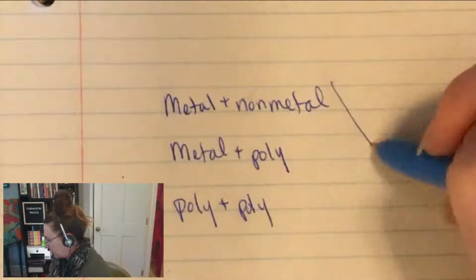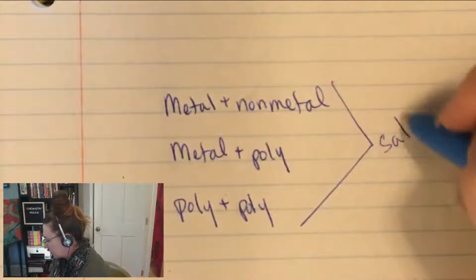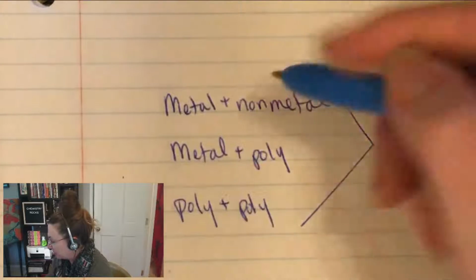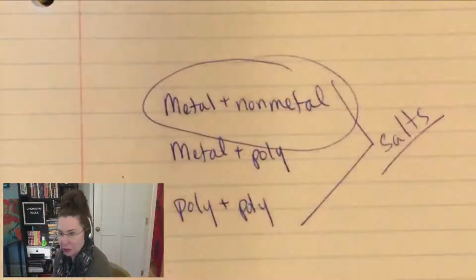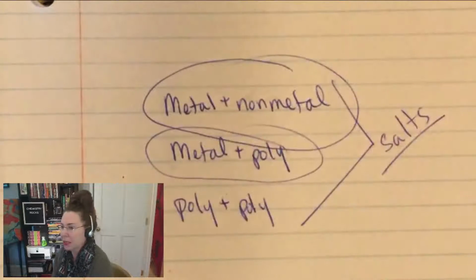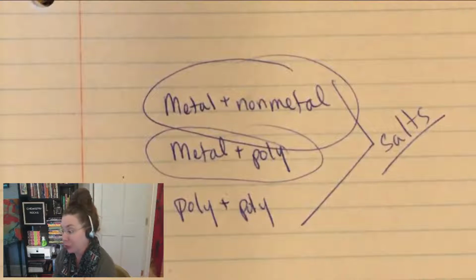All of those are going to be salts. Anything ionic is a salt, but your most classic example is the metal plus a nonmetal, or the metal plus a polyatomic, oftentimes in the case of doing a neutralization.